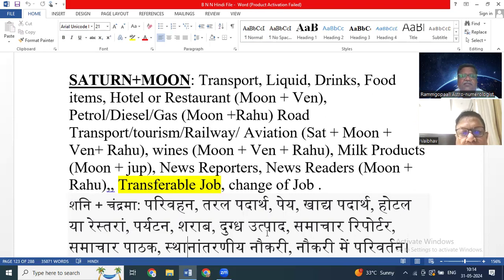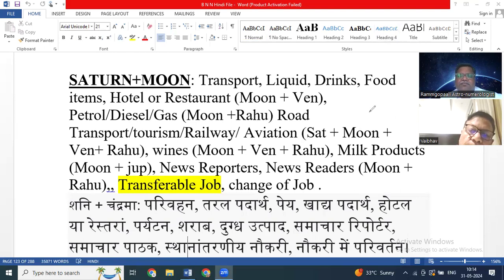And moreover, transport related. Transport means it may be tourism or railway or aviation. So any kind of transport. Whether it is on road or through sky, that means air, or by train, whatever transport it may be, that is related to Moon.